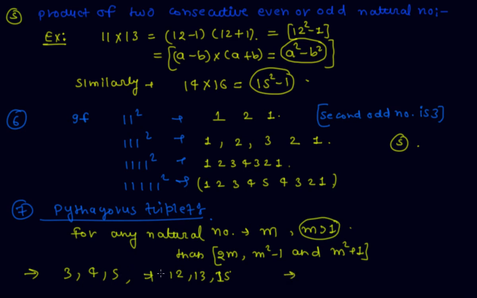Like if I take 3, 4, 5, then 5 square is equal to 3 square plus 4 square. Those three numbers that follow this property are called a Pythagoras triplet. I take an example on Pythagoras triplet on the next page.